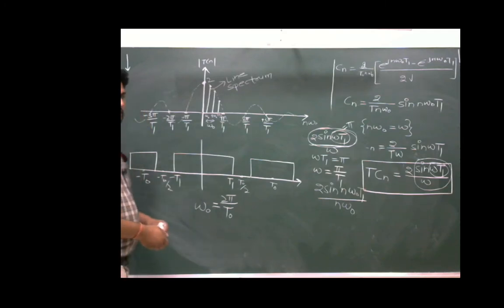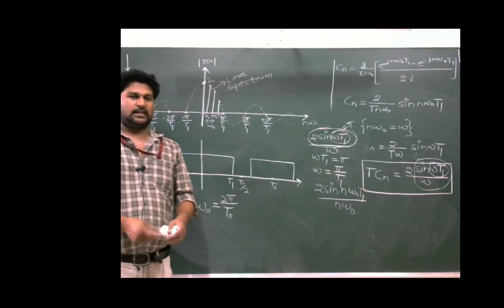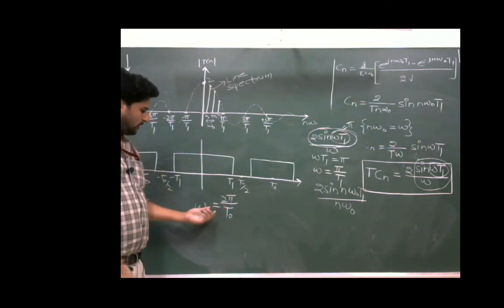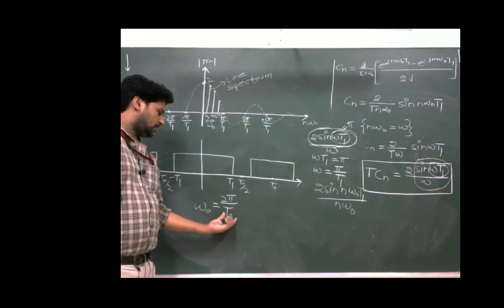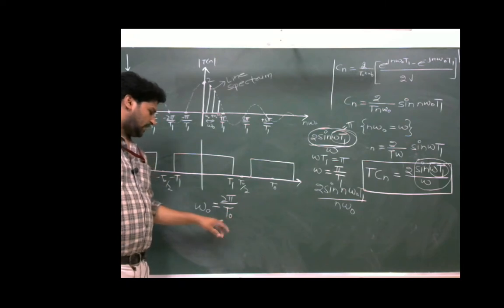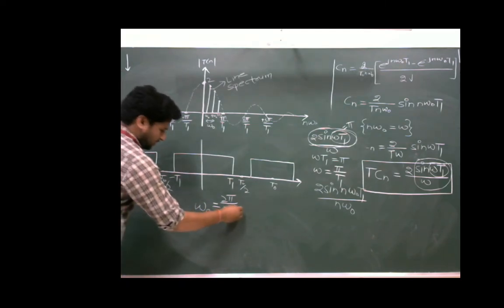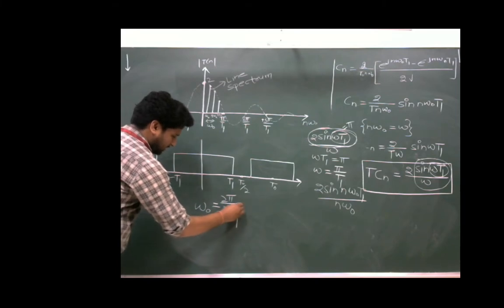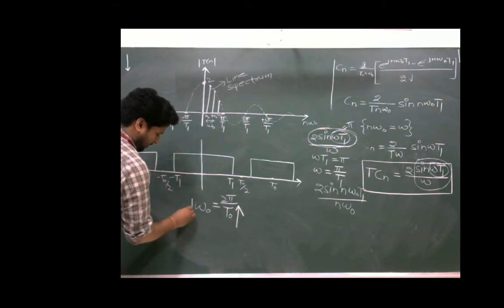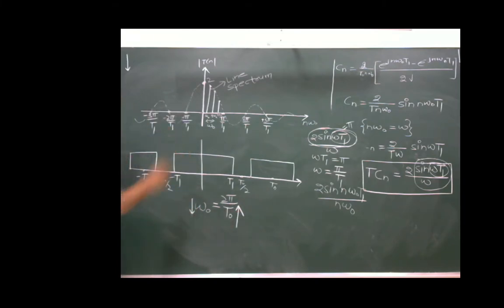Now consider a case where the fundamental time period of the signal is increasing, meaning T naught is increasing. If T naught increases, then omega naught will decrease, and when omega naught decreases, it means that the separation of these two lines will decrease.